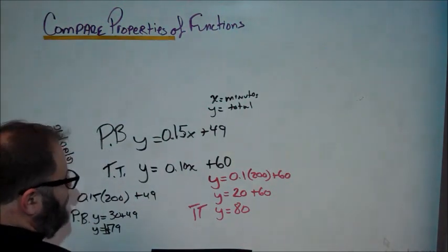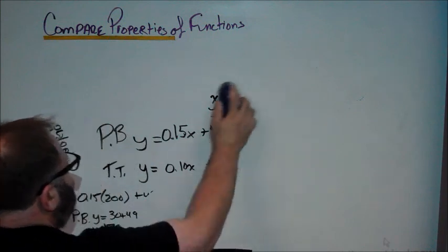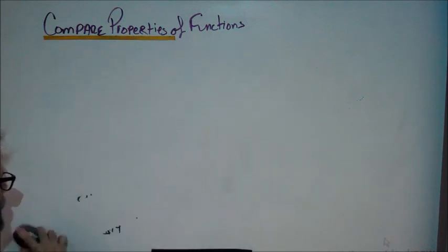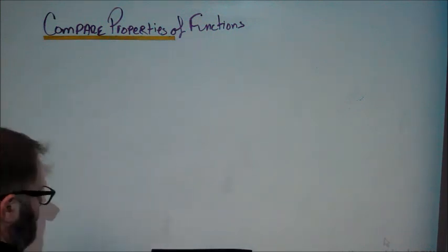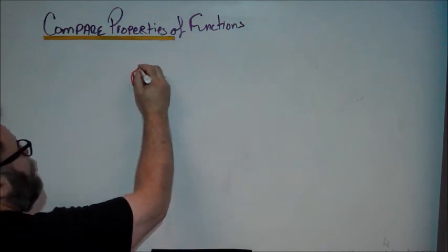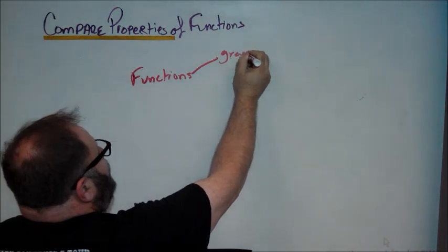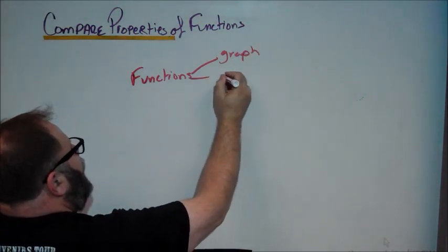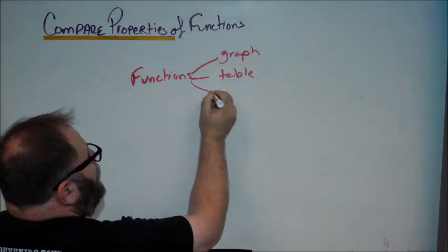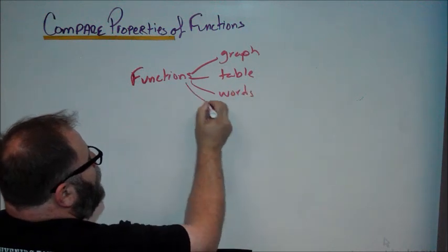All right, let's get to our wrap-up. Let's look at the wrap-up here in the review of what we're doing. Let's not forget the 4 things that functions can be. Functions can show up as a graph, a table, in words, or an equation.